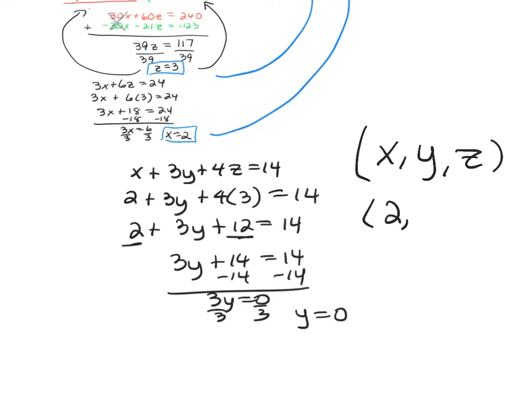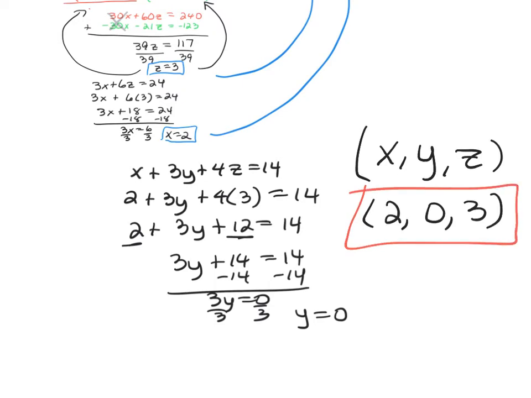So it's going to be 2, 0, and 3. So keep in mind, your graphs can all hit at 0. So that's fine. So this ordered triple is 2, 0, and 3.